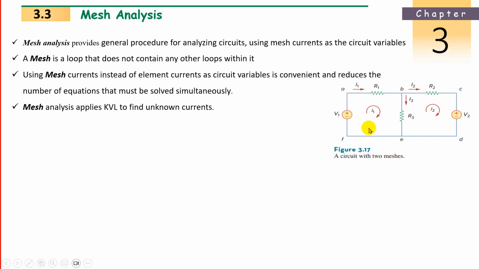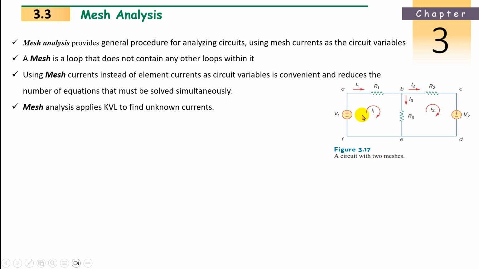Before starting, you can note down the nodes first: A, B, C, D, E, F. These are the path nodes. Now we can start from the first node A, go to B, then E, F, then come back to A. This is the loop rule. What is the loop rule?